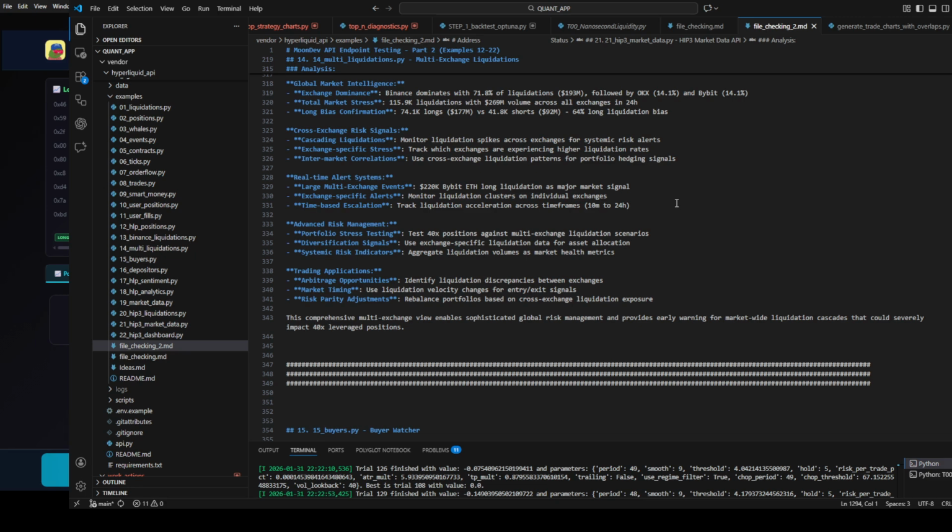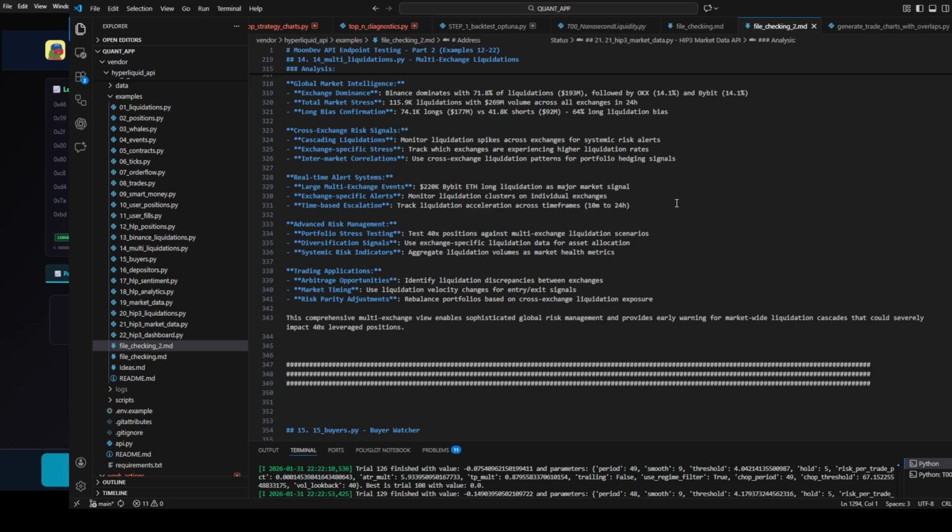Market timing: use liquidation velocity changes for entry-exit signals. Risk parity adjustments: rebalance portfolios based on cross-exchange liquidation exposure. This comprehensive multi-exchange view enables sophisticated global risk management and provides early warning for market-wide liquidation cascades that could severely impact 40x leverage positions.